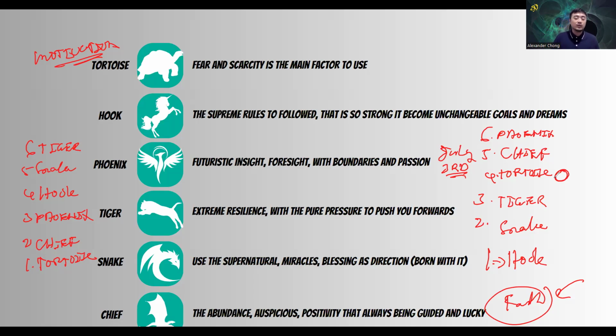Okay, if you want to leverage this to support you to change yourself, to upgrade yourself, also use fear and scarcity: the things that if you never do this, it will never get achieved in the next 6 months. Yeah. So if you get tortoise, use fear as a main driving force. Okay, depending on what you're actually experiencing right now.